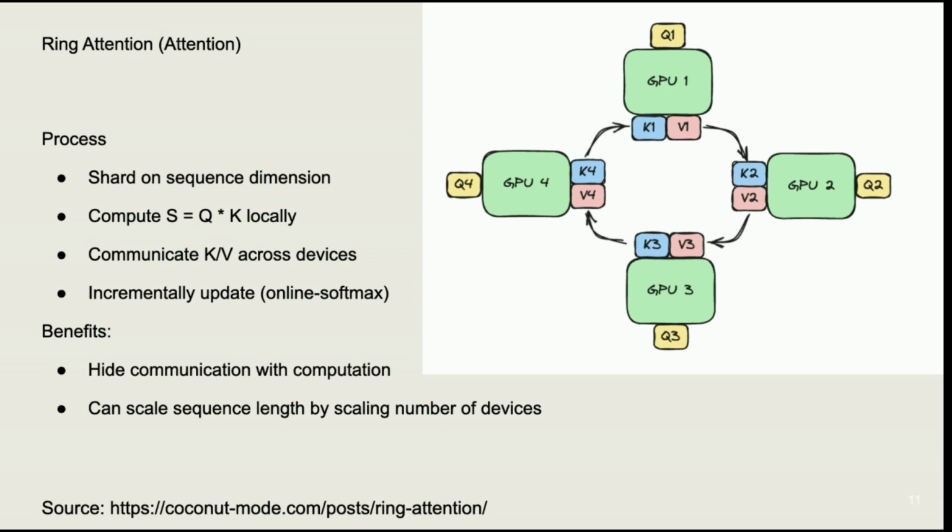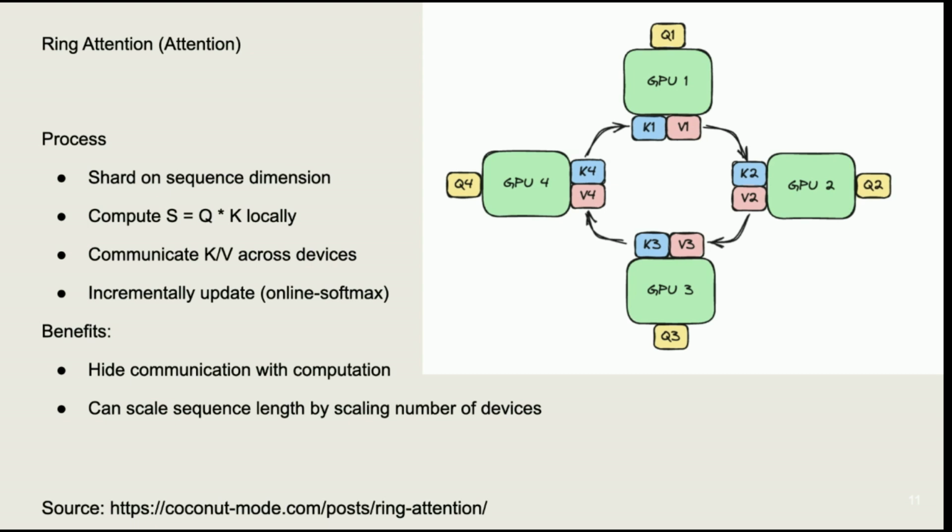The benefit is, one, that we can do the key-value communication at the same time as computation. When we are computing, we're also moving the data, so we're hiding the communication cost behind the computation. Another benefit is that we can scale to arbitrary sequence lengths by just scaling the number of devices.